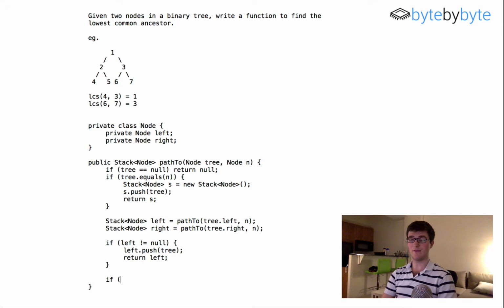And if right is not equal to null, then we're going to do the same thing with right. So we're going to say right.push tree and return right.